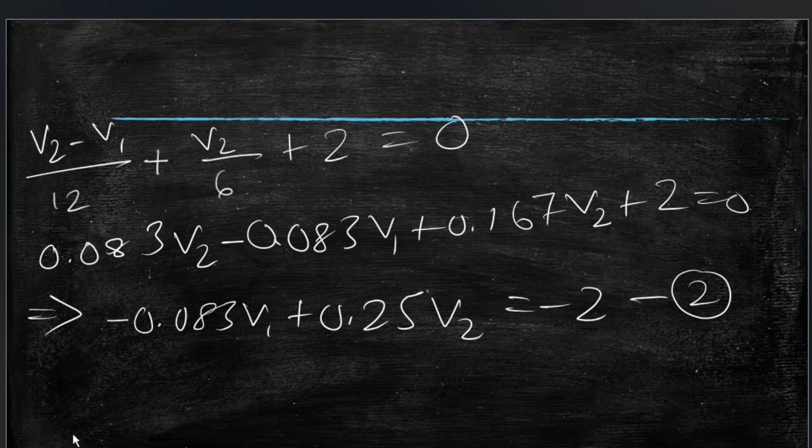Okay, so we get V1 is equal to 6 volts approximately, and then V2 is equal to minus 6 volts approximately.